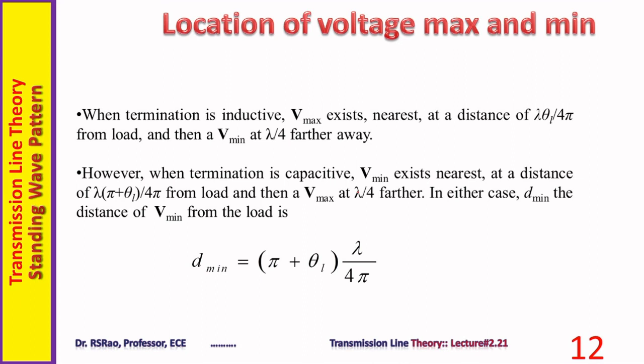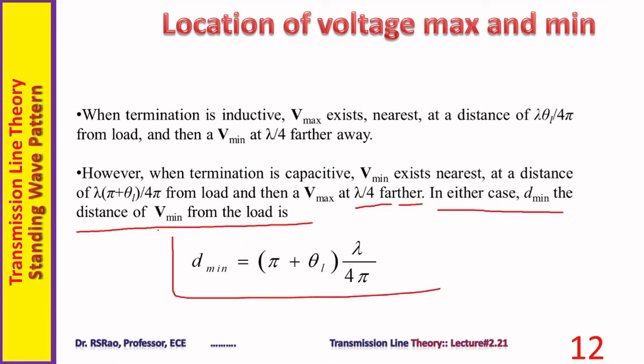However, when the termination is capacitive, V minimum exists nearest at a distance of lambda multiplied by pi plus theta L divided by 4 pi from the load, and then Vmax at lambda by 4 further. In either case, D minimum, the distance of V minimum from the load becomes this one. D minimum is pi plus theta L, where theta L is angle of reflection quotient over the load, times lambda by 4 pi.